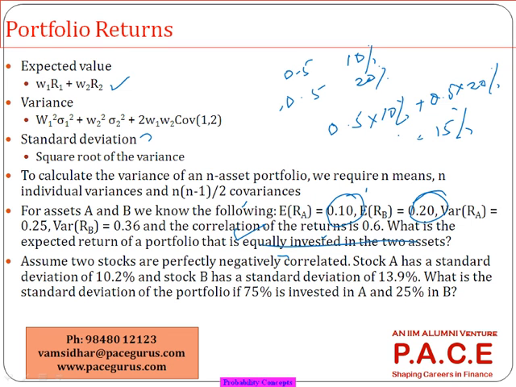And that is where the formula comes in, whatever we are talking about, the variance of the portfolio. Apart from the weighted average of their individual variances, we give some weight to their covariance or the correlation also, because covariance and correlation are again related. We give a weightage to their covariance also, and that is what we call the variance of the overall portfolio.